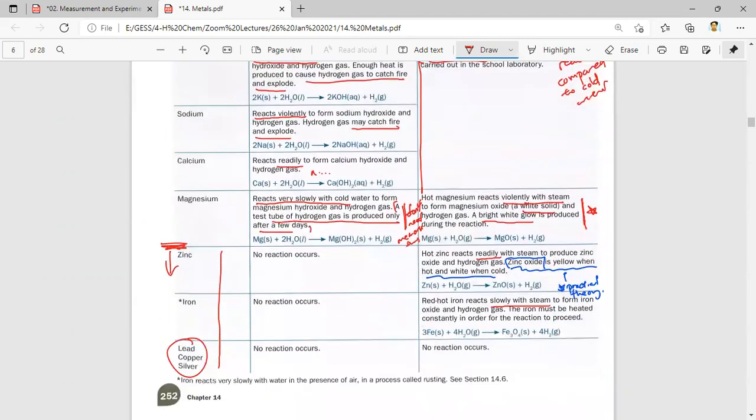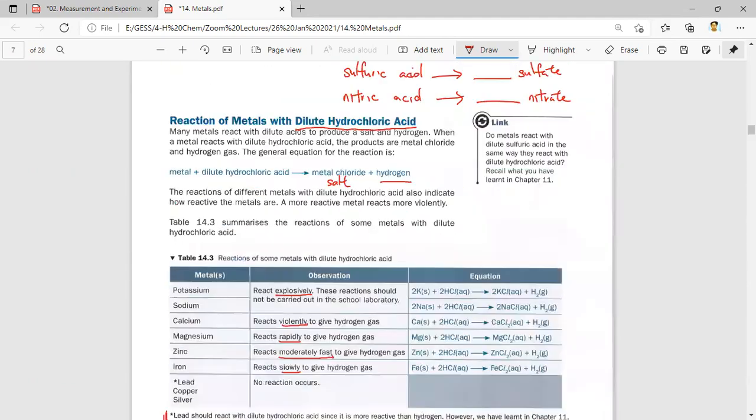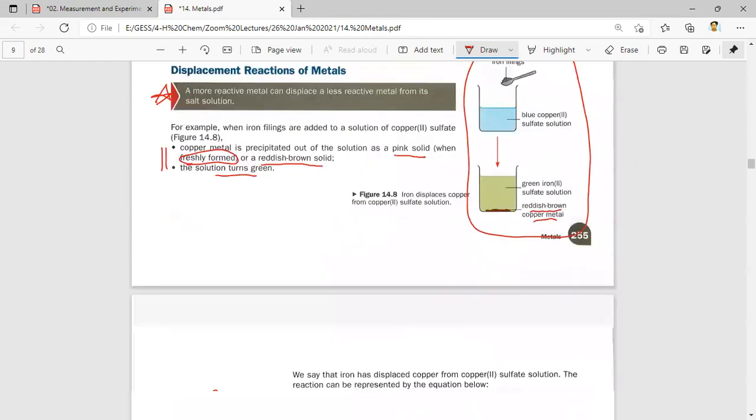Calcium actually reacts with cold water as well. So when calcium is placed in the solution, there are two reactions happening. There is a reaction of calcium and water to give you calcium hydroxide and hydrogen gas. Another reaction is calcium displacing magnesium.